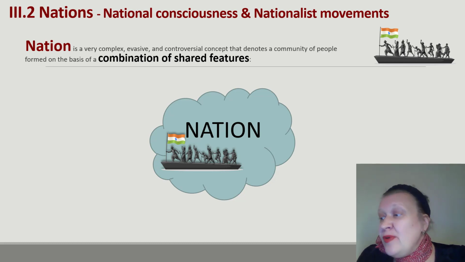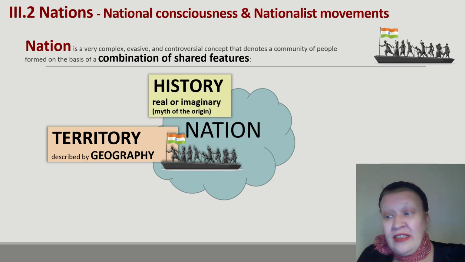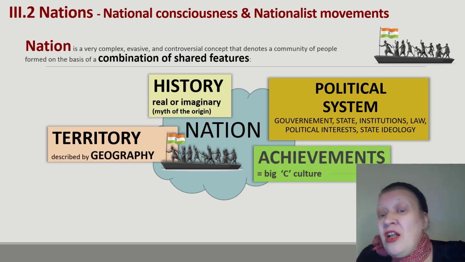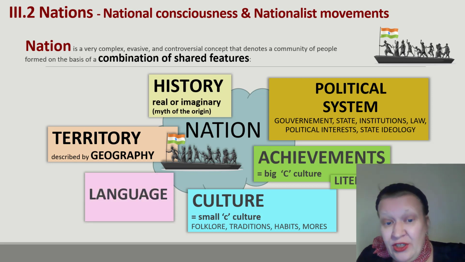Among these features, we can find the following: an association with a specific territory, shared history, real or imaginary, like a myth of their region, common societal institutions and political system, common cultural achievements we also call big C culture, common traditions, habits, and mores we call small c culture, but also a common language.